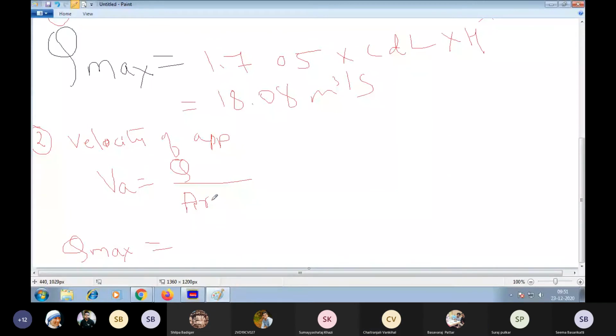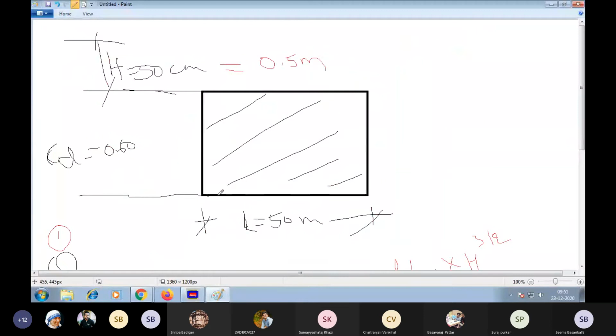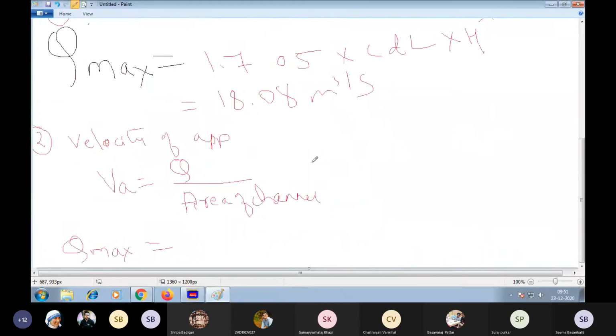It is not the area of the weir, because they have given length and height. So don't consider the area of the weir. You have to consider the area of the channel. So Q we have already identified, that is 18.08, divided by the area of the channel, 50 meter square.